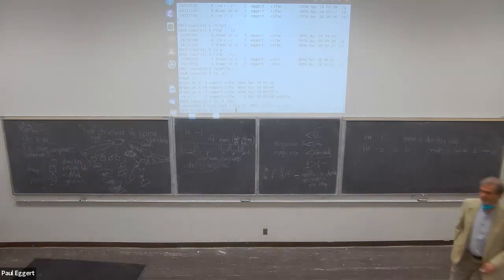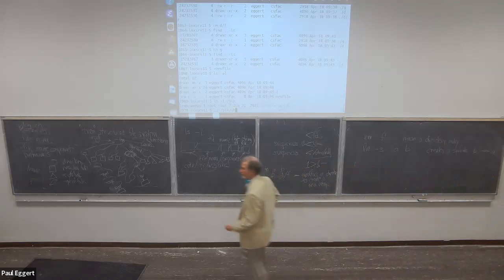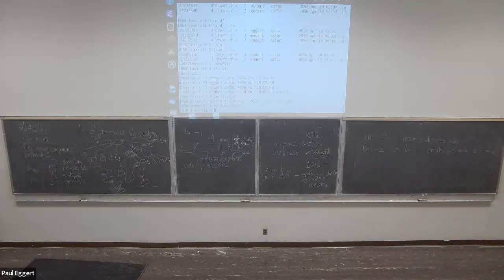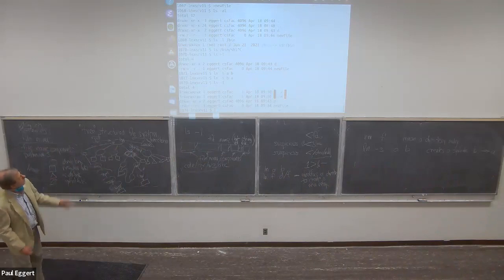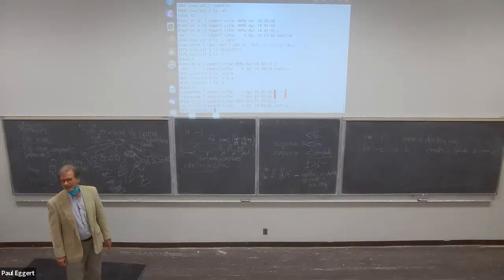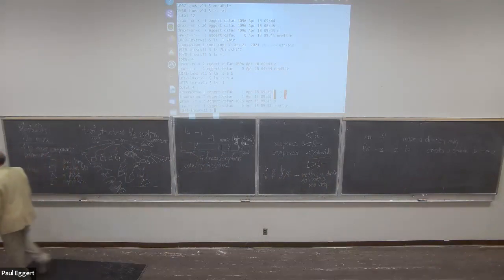Now, you can run into trouble with something like this. For example, we can do ln -s A B, and ln -s B A. What do we have here? A is a symbolic link that says, whenever you see me, I really mean B. B is a symbolic link that says, whenever you see me, I really mean A. That's trouble.